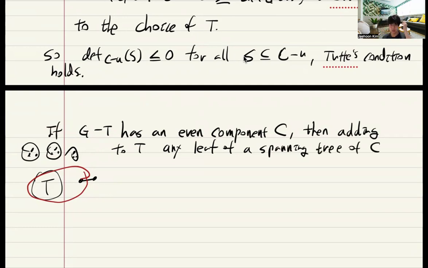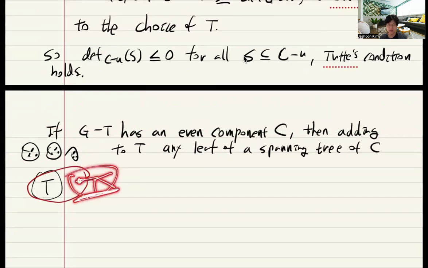So in order to avoid the complicated situation, C is a connected component, so it contains a spanning tree.